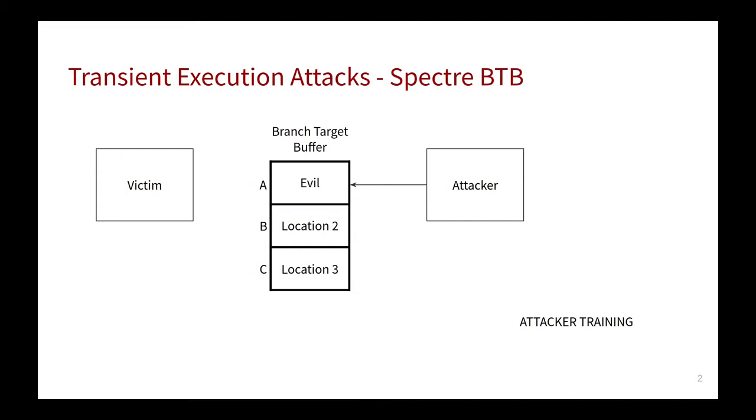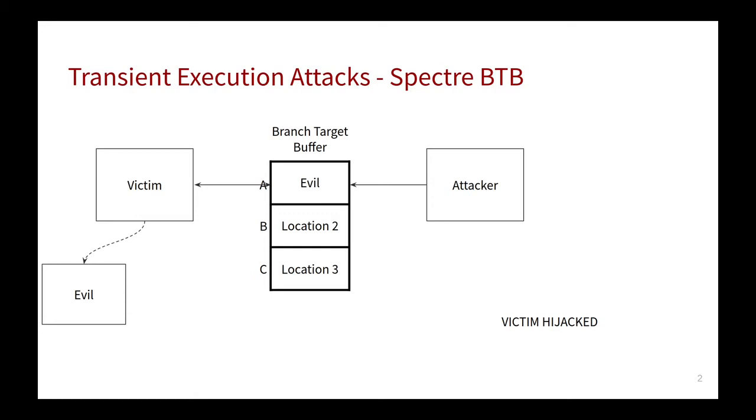And then if later on the same CPU a victim again executes one of those instructions that have no readily available possible target, it might query the value from the branch target buffer that the attacker actually inserted, which means that the victim is going to start speculatively executing at the evil location. This allows an attacker to basically redirect the speculative execution of the victim wherever he wants.